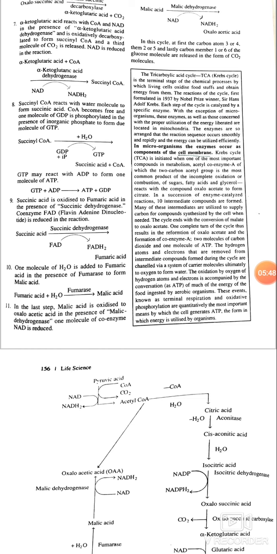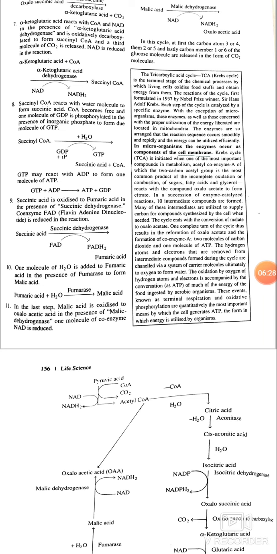In the last step, malic acid is oxidized to oxaloacetic acid in the presence of malic dehydrogenase. One molecule of coenzyme NAD is reduced here. In this cycle, at first carbon atoms C3 or C4, then C2 or C5, and lastly carbon number 1 or 6 of the glucose molecule are released in the form of CO2 molecules.